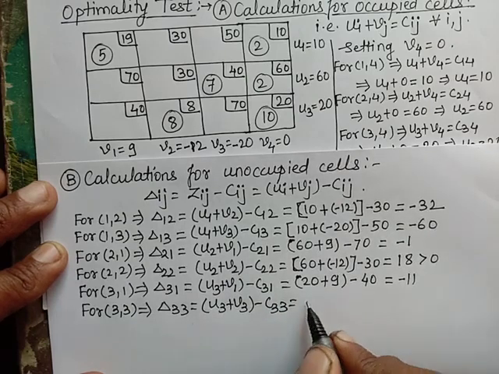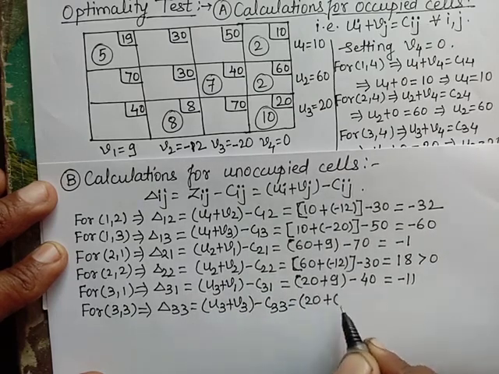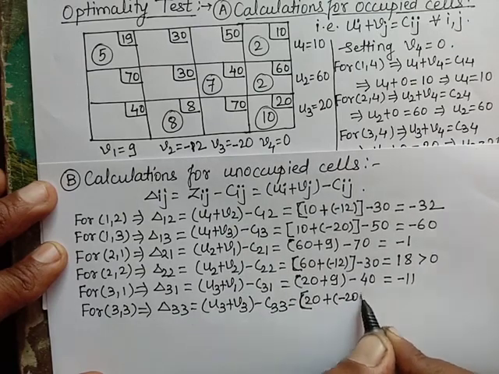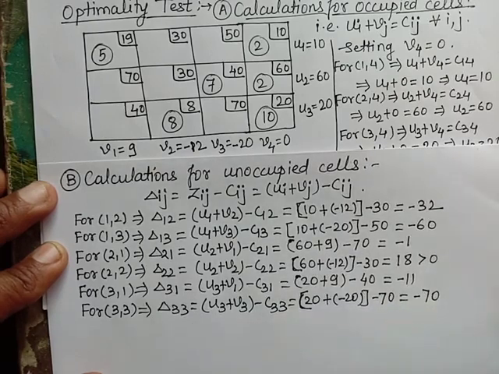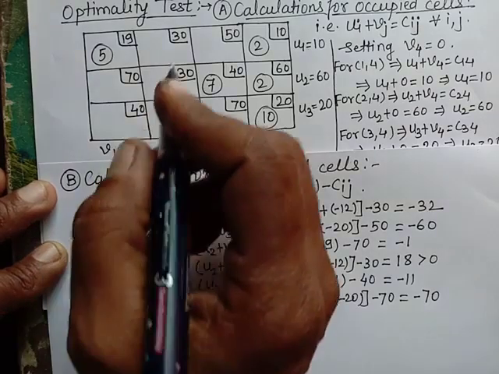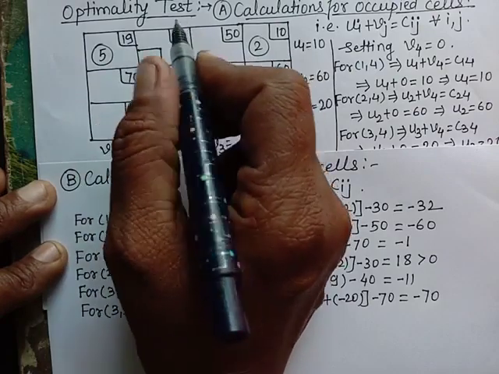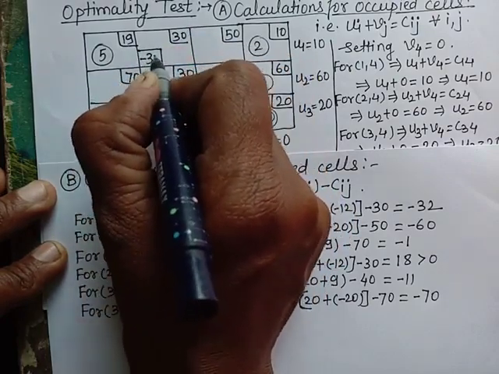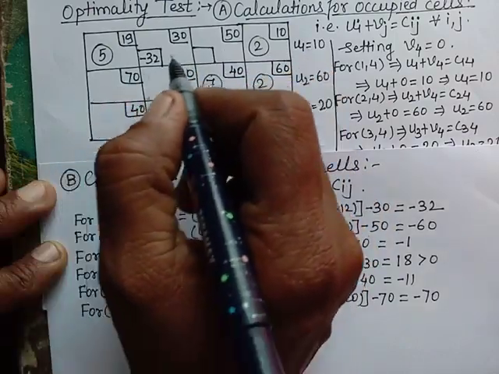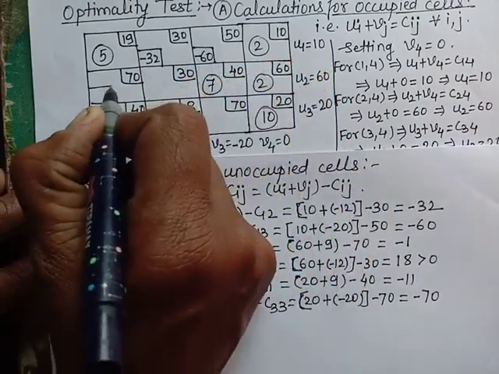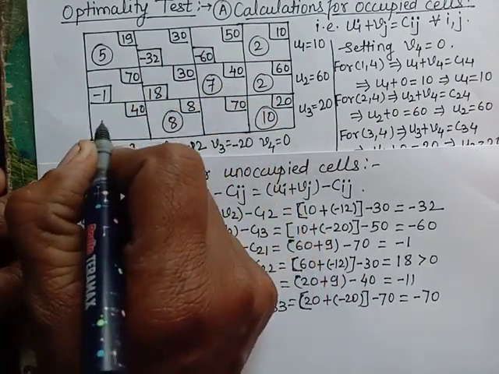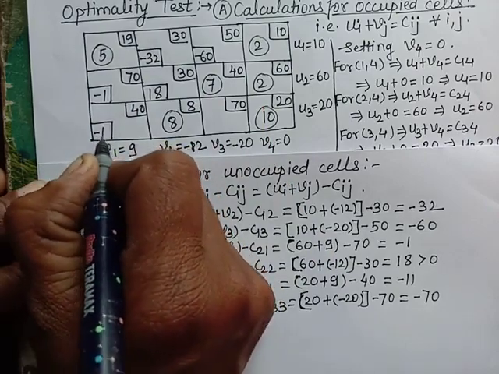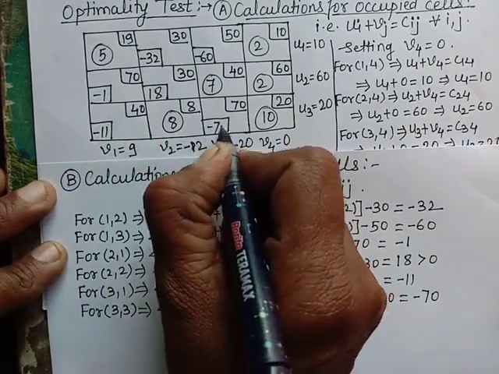So U3 is 20 plus minus 20 minus 70. So it will be minus 70. Now all are less than 0, but one of them is greater than 0. That also affects us. So here let me write these: minus 32, minus 60, minus 1, 18, minus 11 and minus 70.